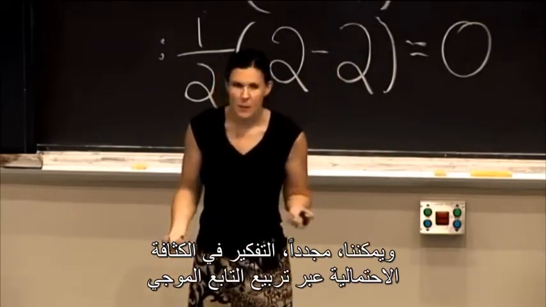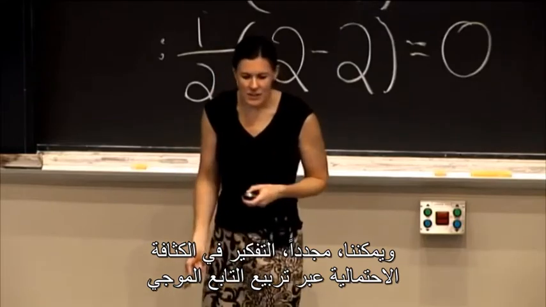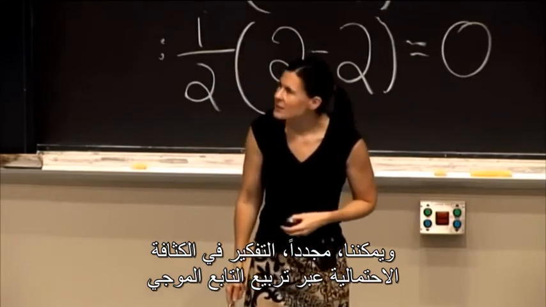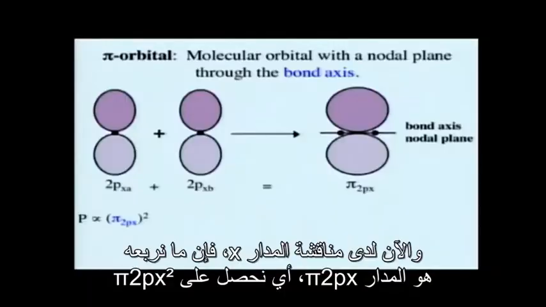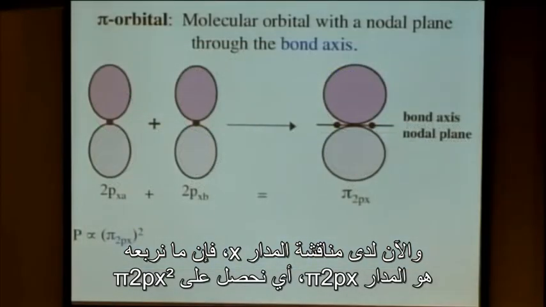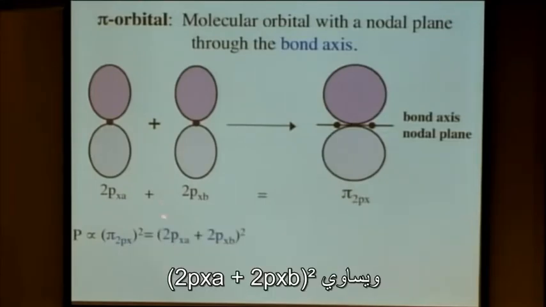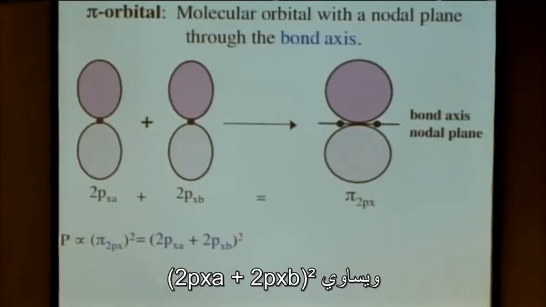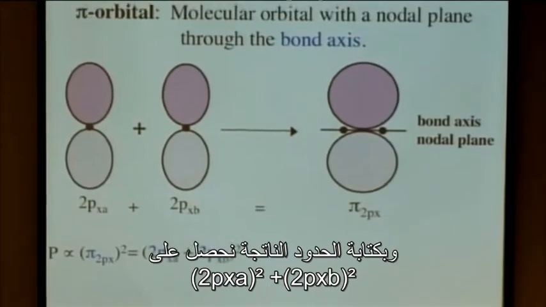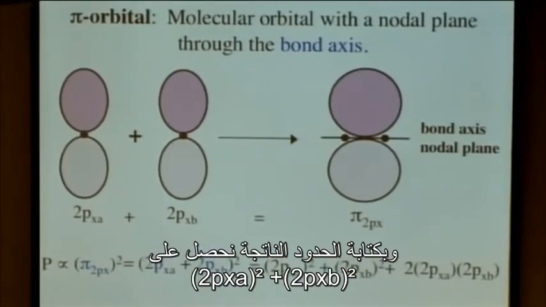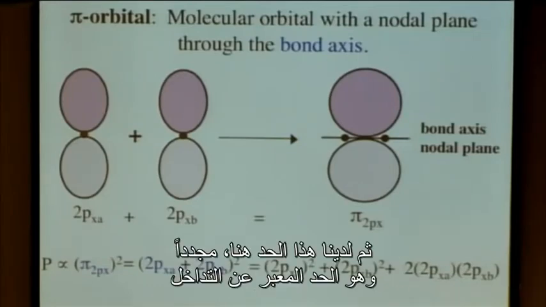So again, we can think about the probability density in terms of squaring the wave function. So now what we're squaring, if we're talking about the x orbital, is pi 2px squared. And this is just equal to the 2pxa plus the 2pxb all squared, or if we write out all of the terms, we have 2pxa squared plus 2pxb squared, and then this term here.